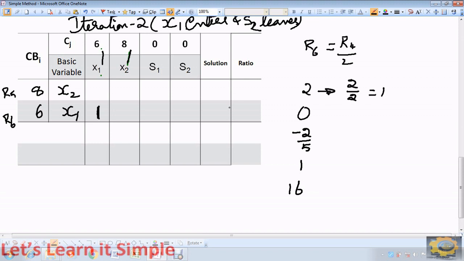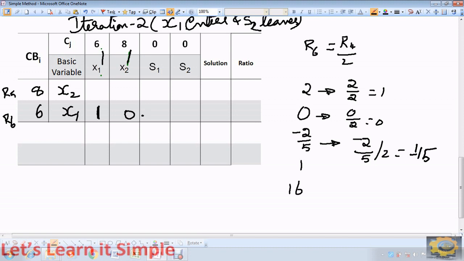So 2 by 2 is 1, done here. So this is 0 by 2, 0. So this is minus 2 by 5 by 2, which is minus 1 by 5.